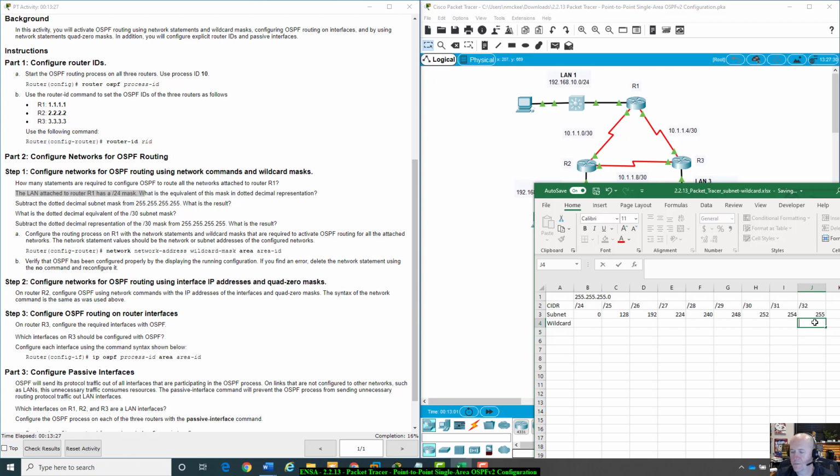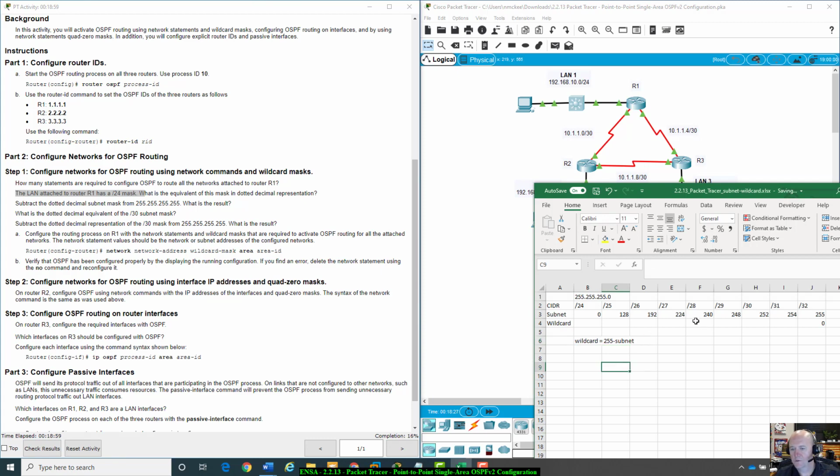All right, so the opposite of that is 0. The opposite of this would be, all right, this is kind of tricky at first, but basically the wildcard mask is going to be: take 255 and subtract the subnet mask from that, and that equals the wildcard. So, equals 255 minus subnet.